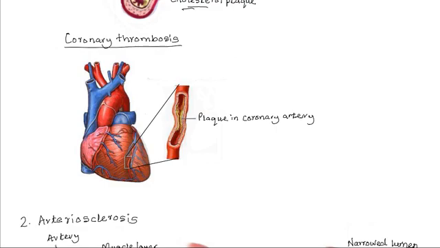So here, in this diagram, you can see the ones in red are the coronary artery. Blue represents the coronary vein.